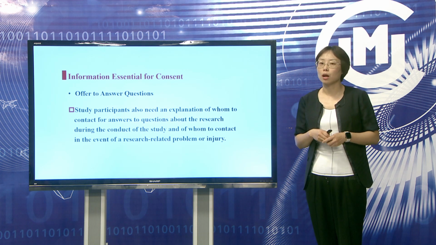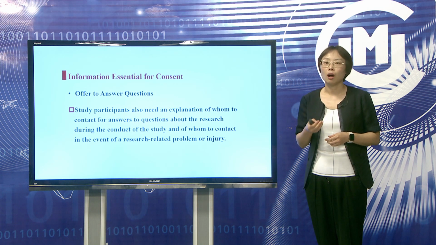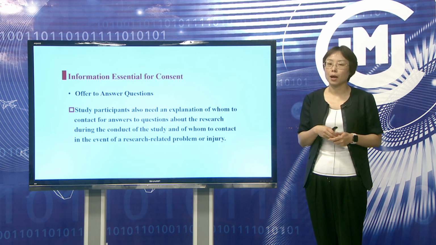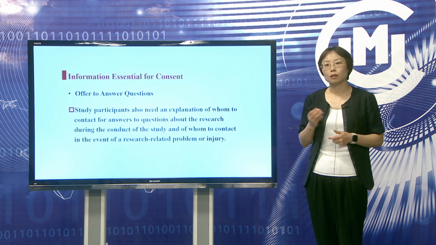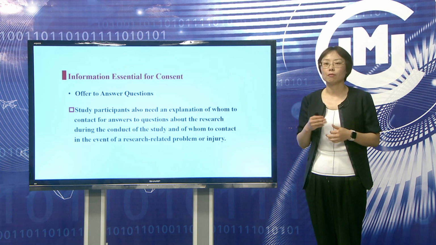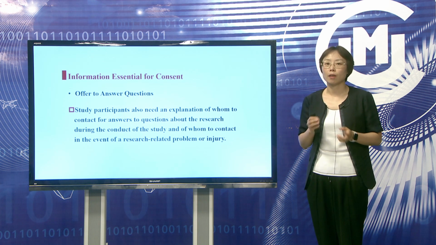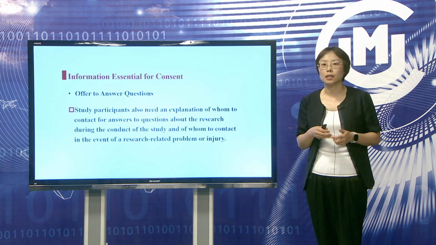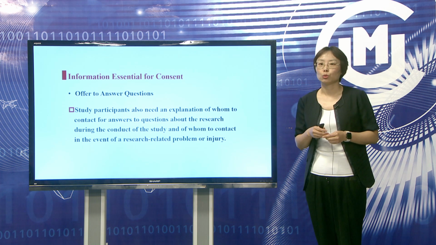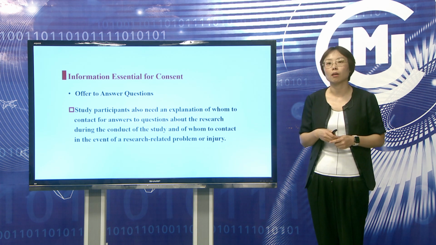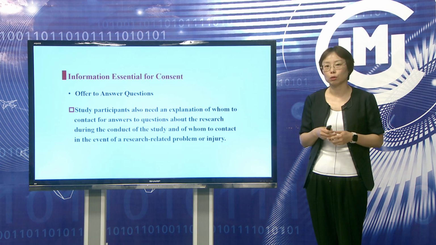Study participants also need an explanation of whom to contact for answers to questions about the research during the conduct of the study and of whom to contact in the event of a research-related problem or injury, as well as how to do so. The healthcare facility or university IRB to which you are submitting your materials will have specific contact information to include.